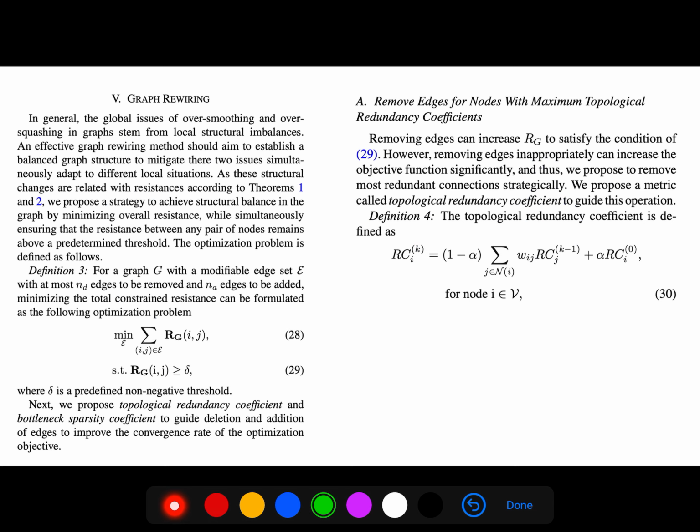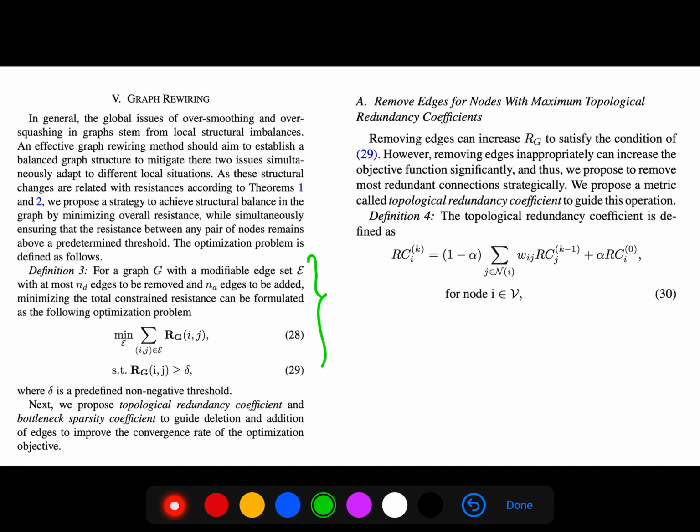But the global issue of over-smoothing and over-squashing in graphs stems from local structural imbalances. Here they define this for a graph G with modifiable edge set E, with at most n sub d edges to be removed and n sub a edges to be added. Minimizing the total constrained resistance can be formulated like this.